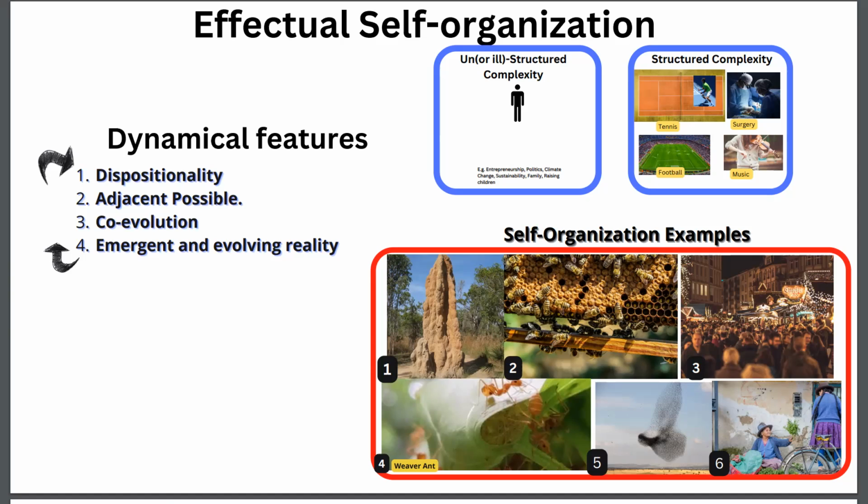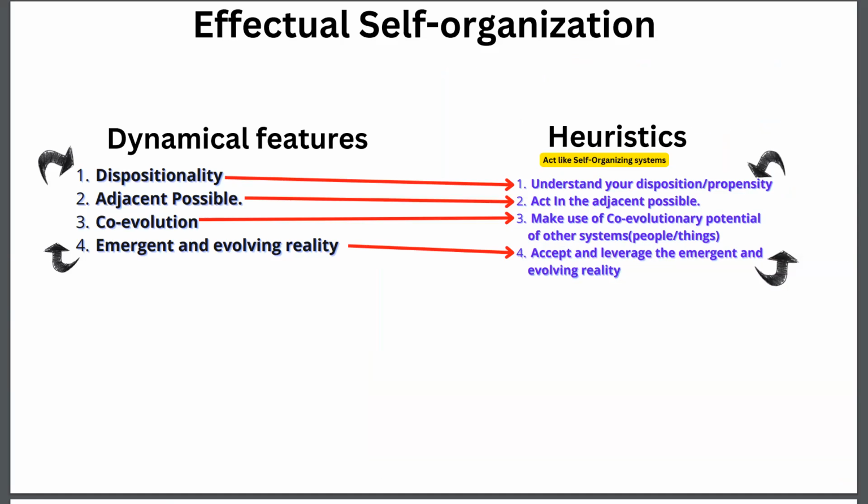All of these systems behave according to the fundamental primary constraints, that is dispositionality, adjacent possible, coevolutionary dynamics, and emergent and evolving reality. Because of this, I developed simple flexible heuristics based on these primary constraints.